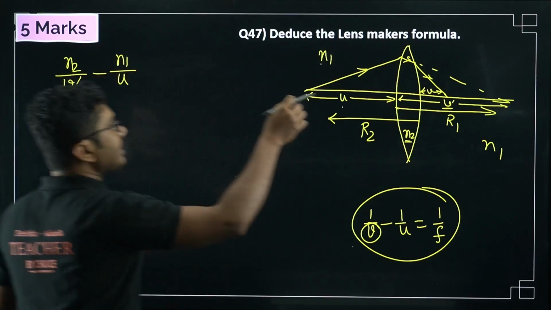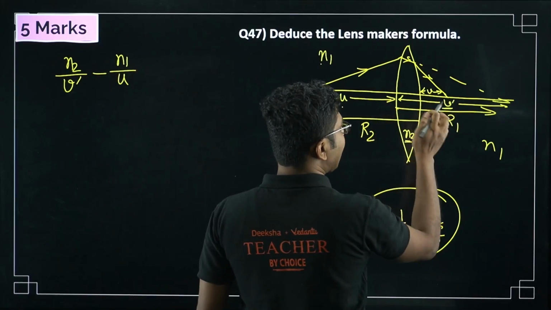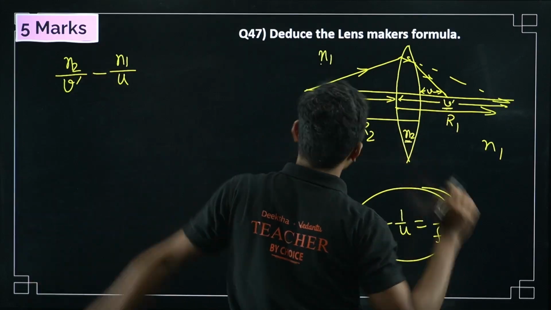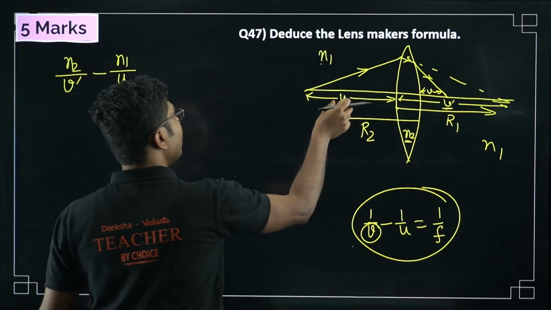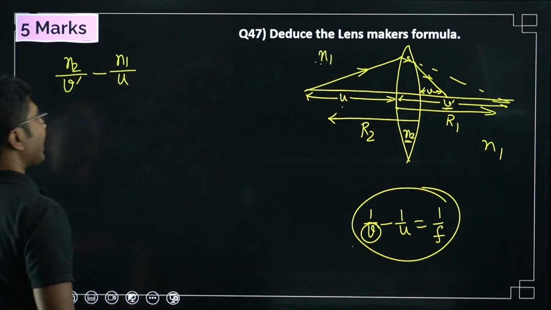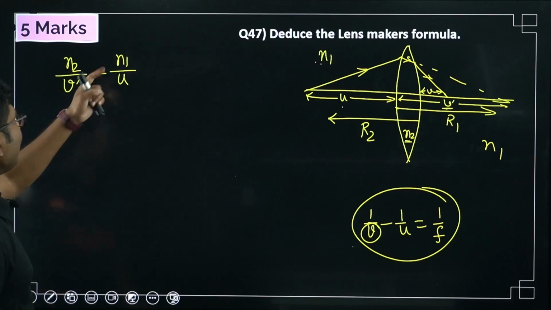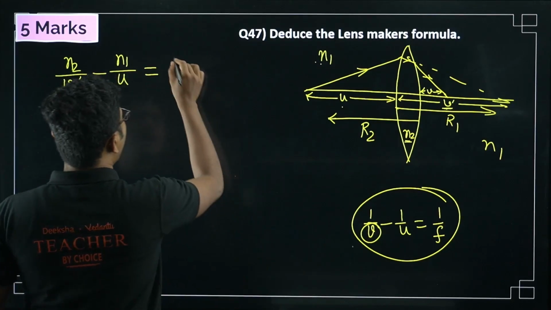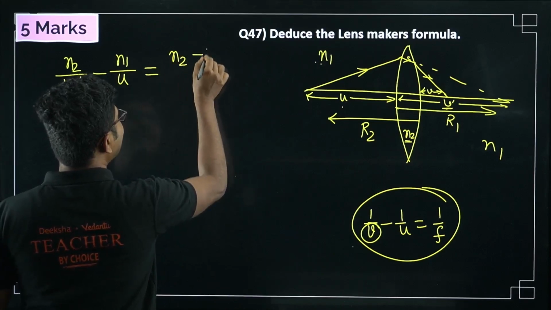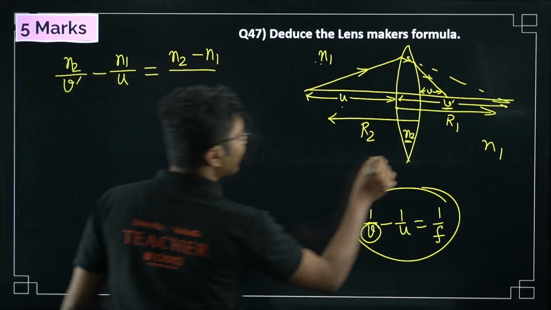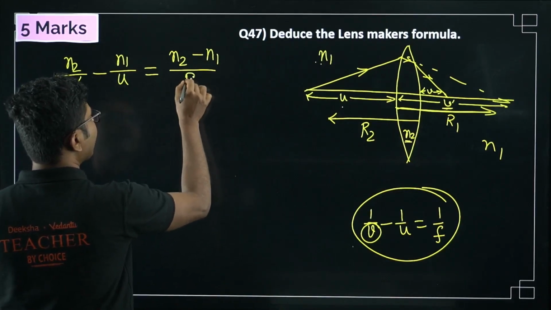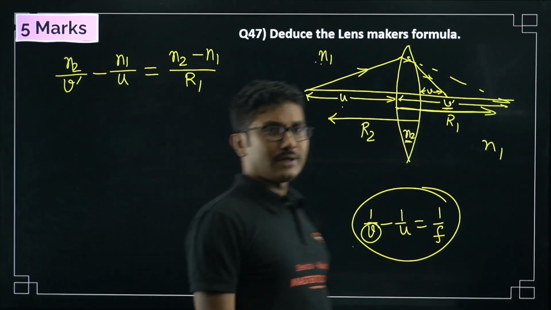Similarly u is outside the lens where n1 is present, so it will be n1. That should be equal to (n2 minus n1) divided by the corresponding radius of curvature R1. Okay, so this is the first equation.